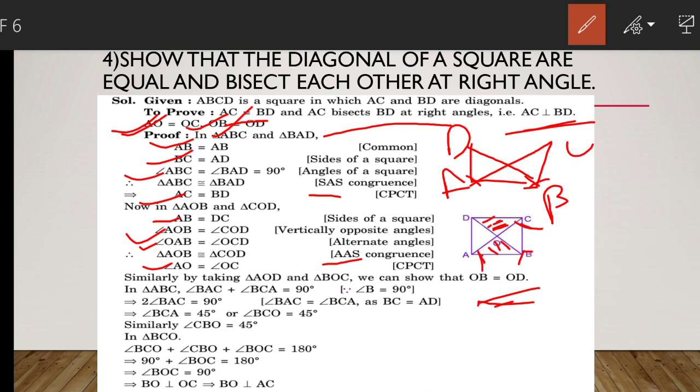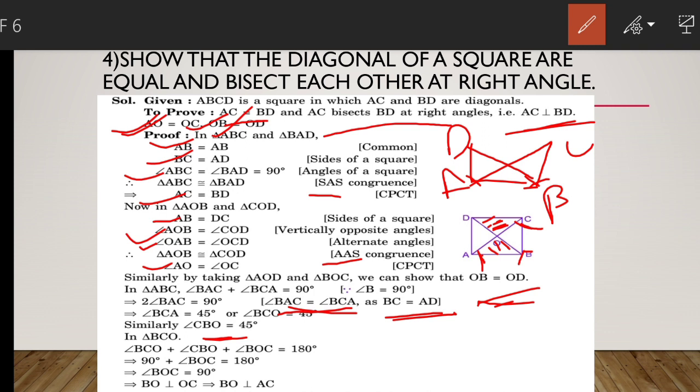Since AB is equal to BC, we can say angle A and angle C are both equal. So substituting in place of angle BCA, we are writing BAC. So we will get 2 angle BAC is equal to 90. So angle BCA is equal to 45. Similarly, we will get angle COB is equal to 45.